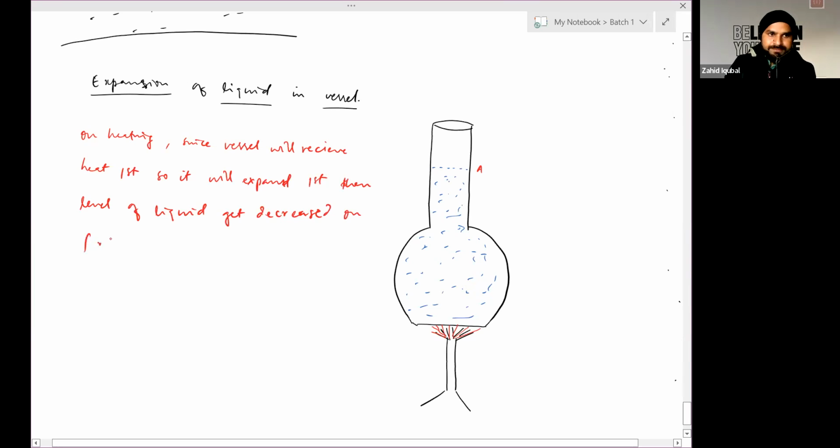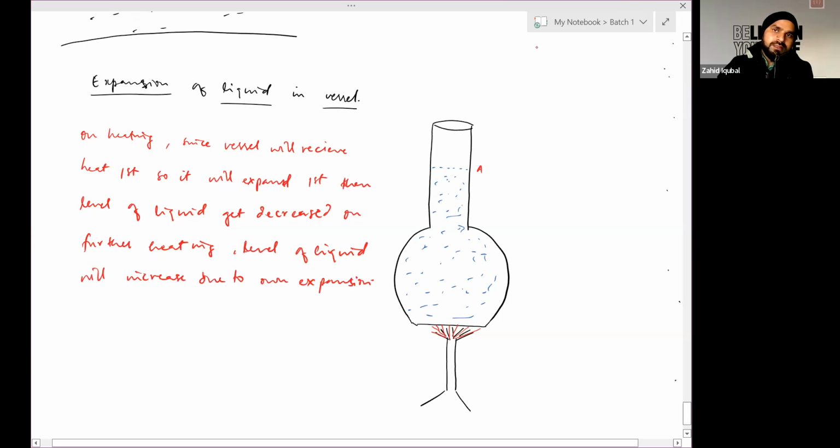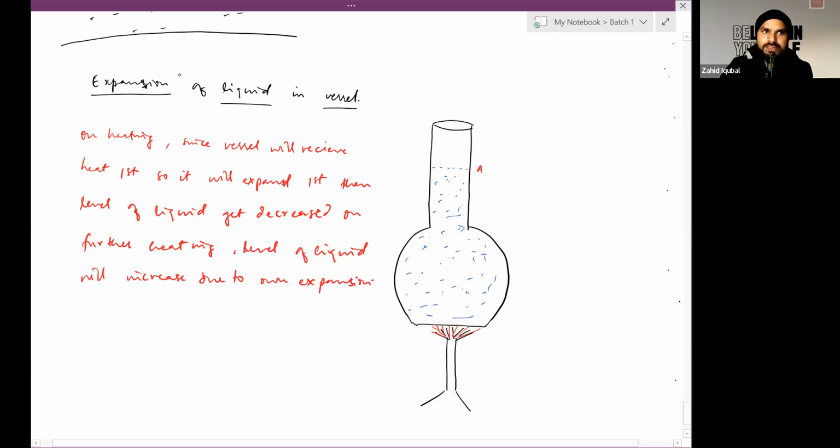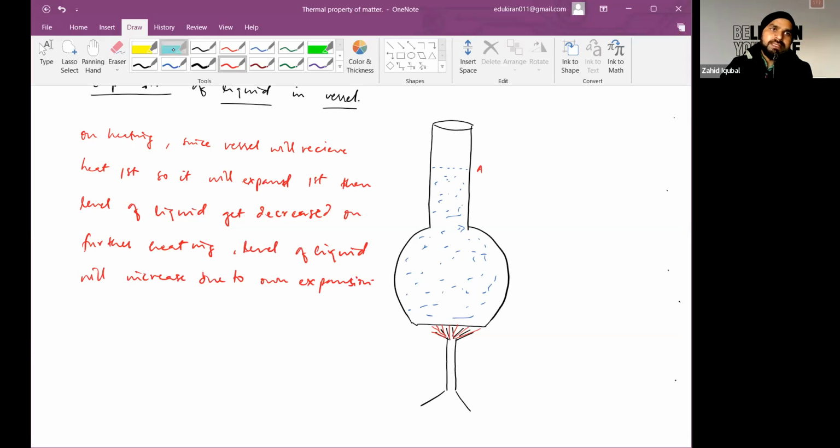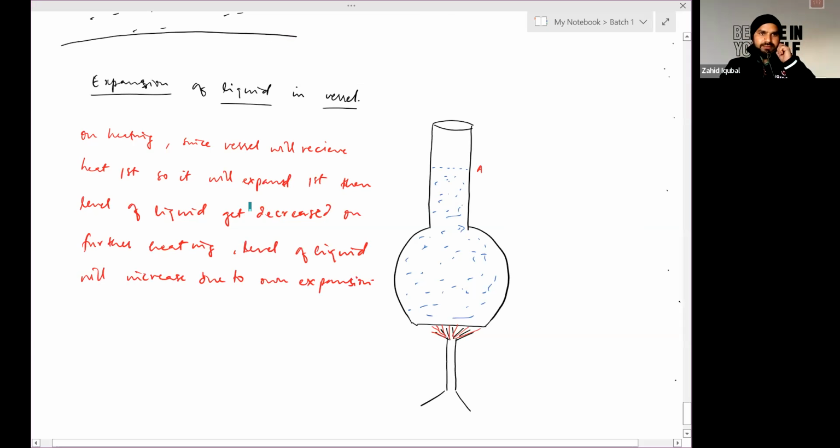On further heating, the level of liquid will increase due to its own expansion. So we can conclude the level of liquid first decreases due to expansion of the vessel, then increases due to its own expansion.